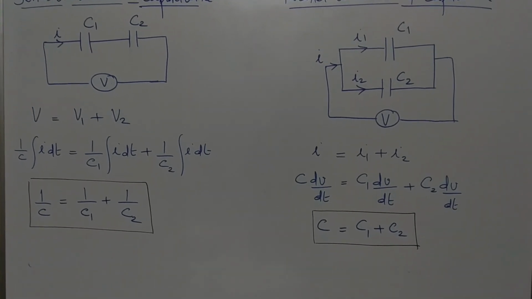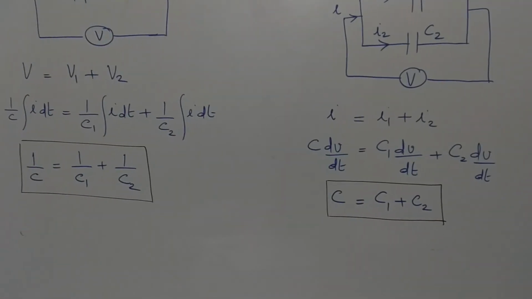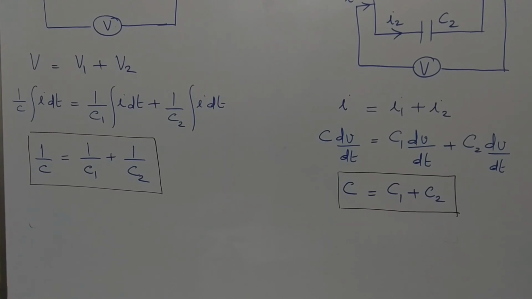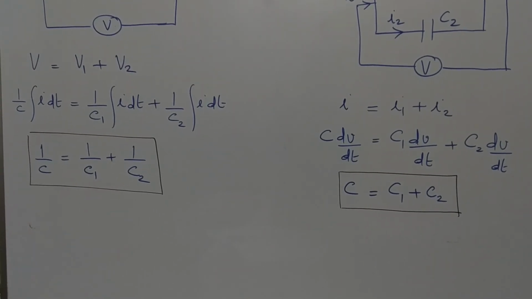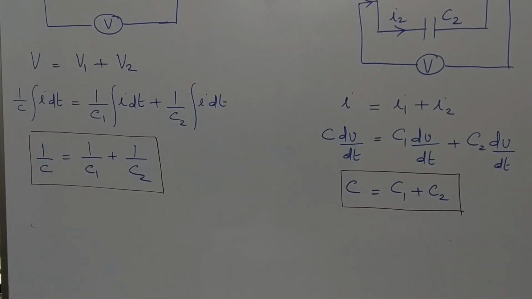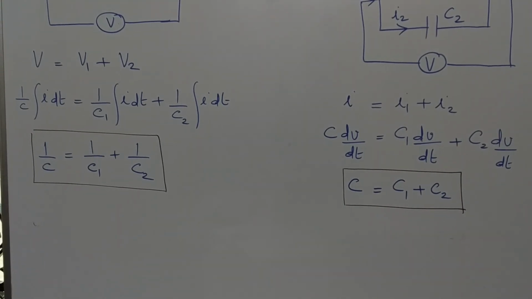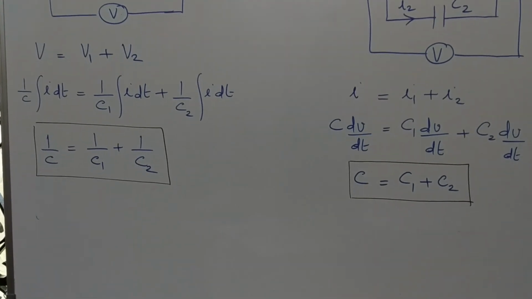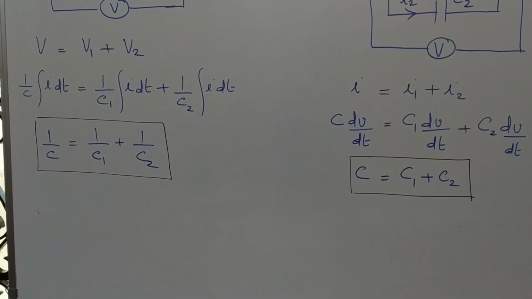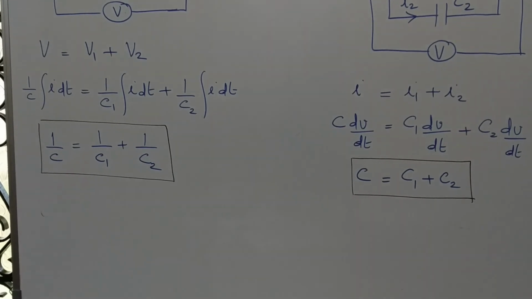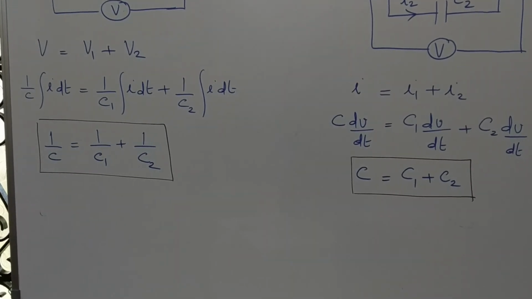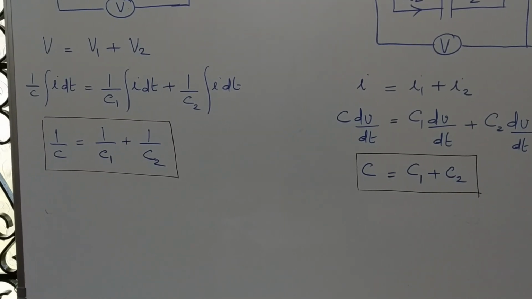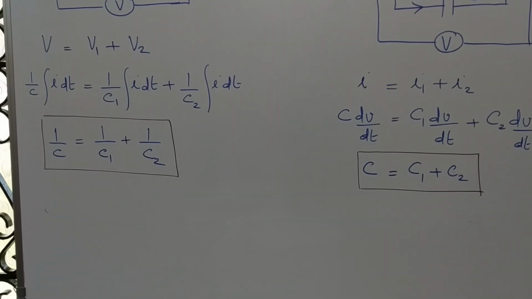Voltage across a capacitor is 1 by C integral I dt, which is equal to 1 by C1 integral I dt plus 1 by C2 integral I dt. Integral I dt can be cancelled, so we'll get effective capacitance 1 by C equal to 1 by C1 plus 1 by C2. That is, when you are connecting two capacitances in series, the effective capacitance will be 1 by C equal to 1 by C1 plus 1 by C2.